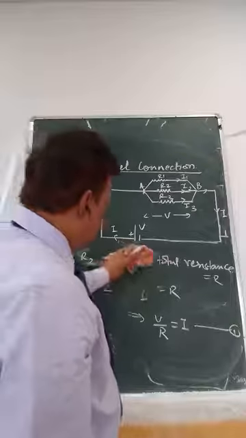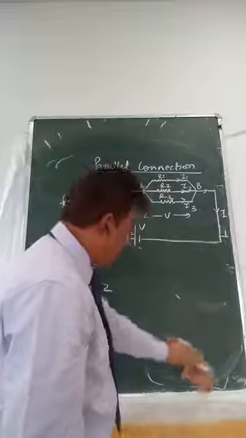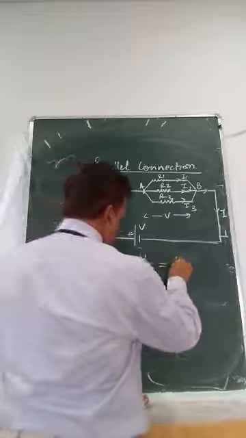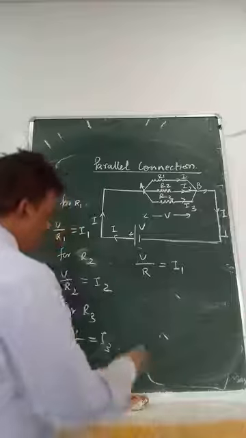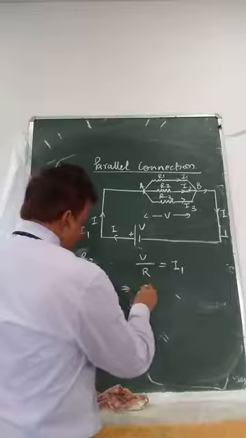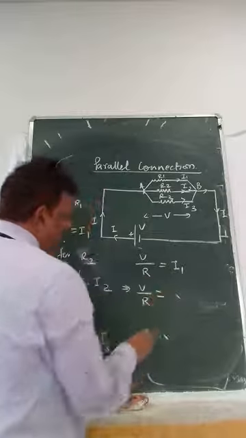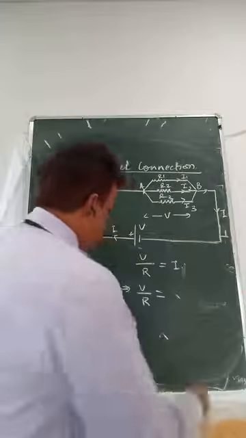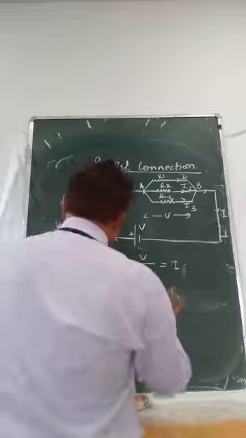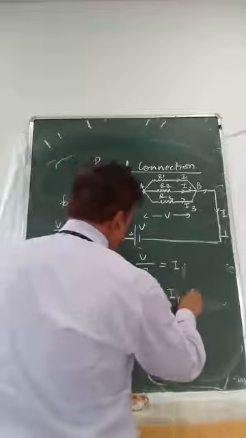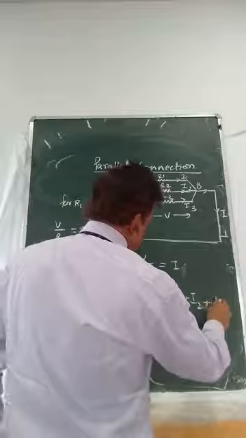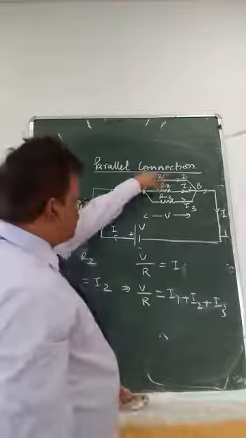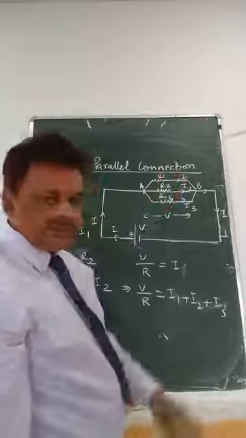So if I write V by R equals I1, so V by R equals I, then it becomes I1 plus I2 plus I3, because I is getting divided as I1 plus I2 plus I3.